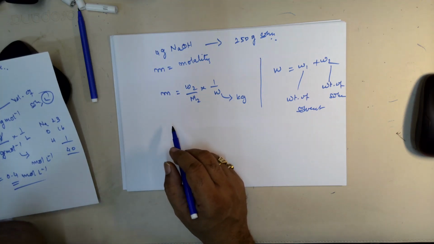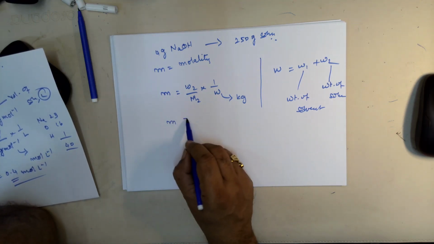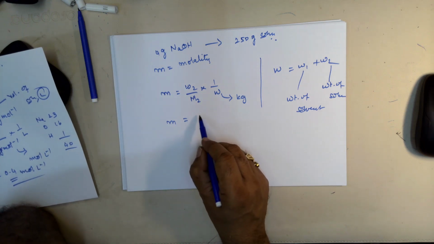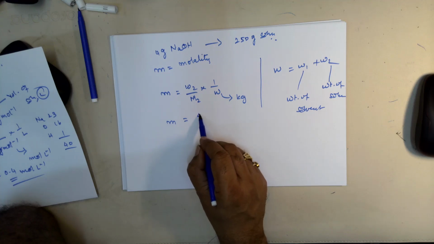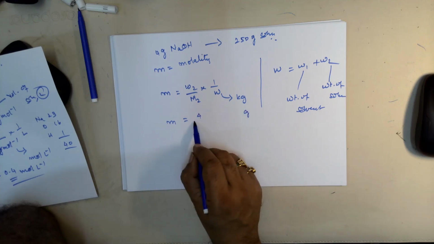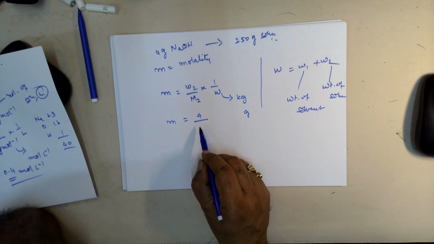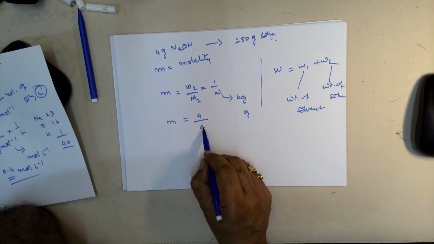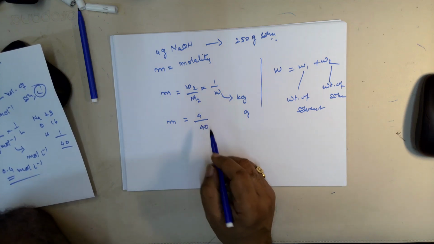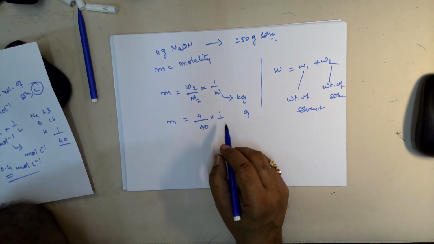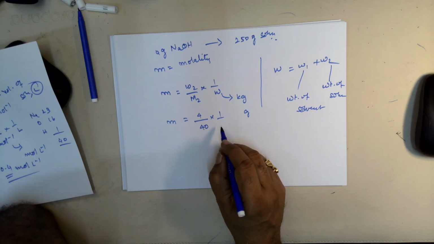Now, you can substitute. m is equal to 4 gram divided by 40 gram per mole, because we have to take the molar mass of solute, into 1 by 250 gram.